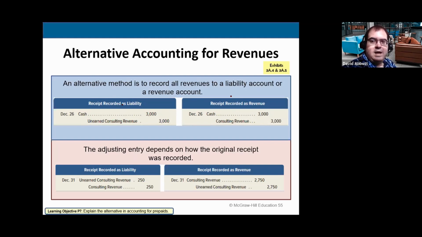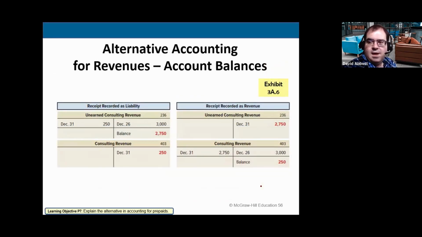If you recorded it as a liability, you would debit unearned consulting revenue $250 and credit consulting revenue $250, because that shows how much of it you earned. Otherwise, you would debit consulting revenue $2,750 and credit unearned consulting revenue $2,750. And we see here that you come out the same way in terms of your balance. The only difference is when things are recorded.